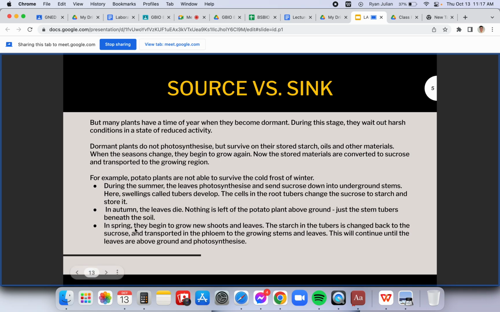Lastly, in spring, they begin to grow once again with new shoots and leaves. The starch in the tubers is changed back to sucrose and transported in the phloem to the growing stems and leaves. It will continue until the leaves are above ground and photosynthesize, and go back to different seasons once again: summer, autumn, spring, with the exception of winter. Like what I said a while ago, potato plants do not thrive in cold conditions or climate.